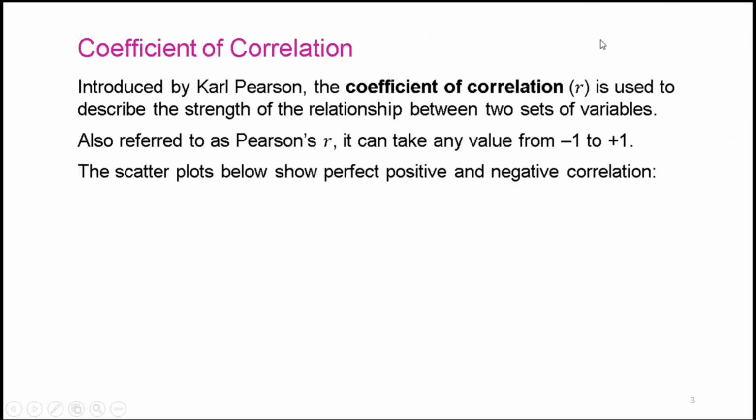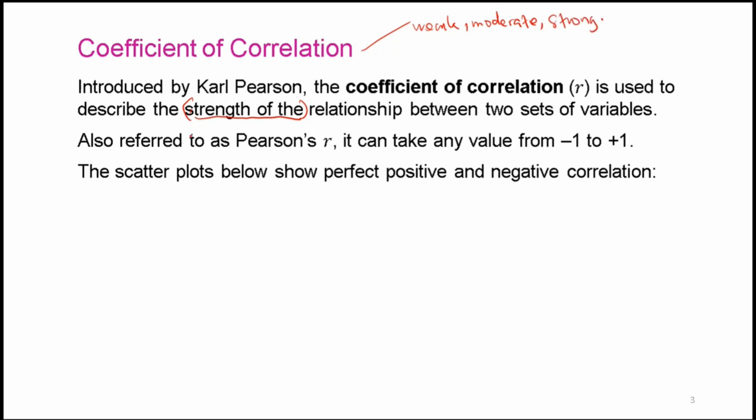Okay, so the coefficient of correlation was introduced by Karl Pearson. So we use the symbol R. Okay, it's used to describe the strength of the relationship between two sets of variables. Okay, so actually this one is either a weak, moderate, or strong relationship.